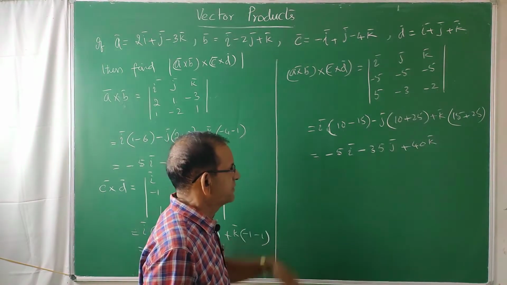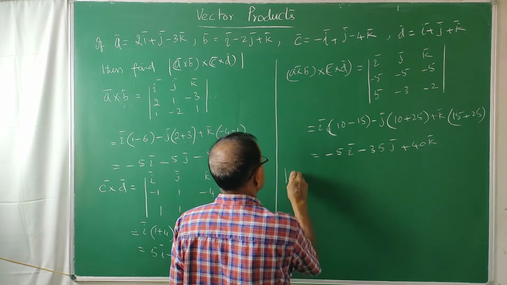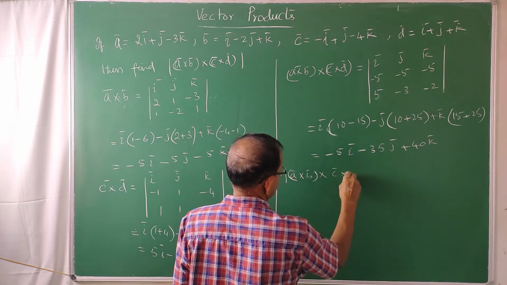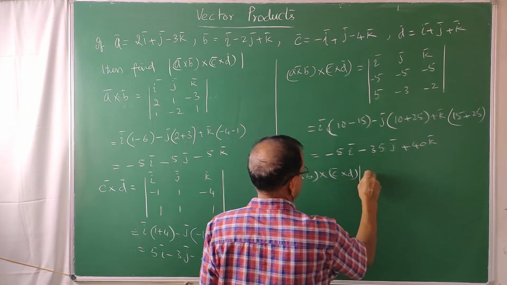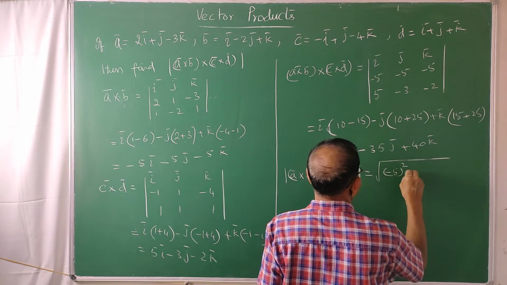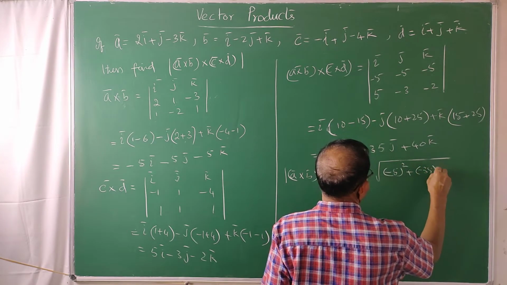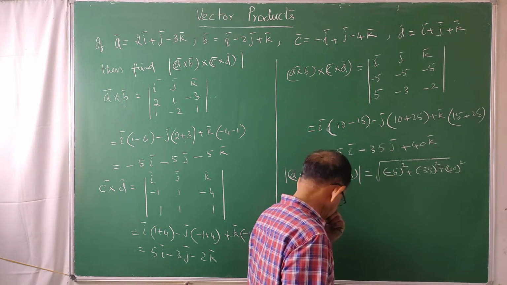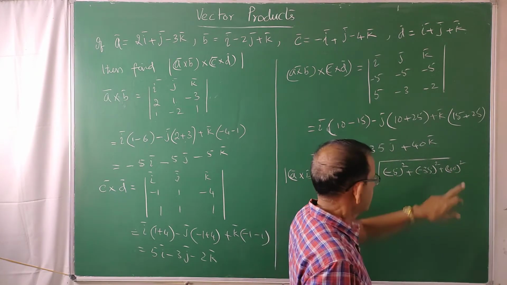Now, I have to find out its modulus. So, modulus of a cross b cross c cross d is equal to minus 5 whole square, minus 35 whole square, plus 40 whole square. So, 5 is common in all the three.